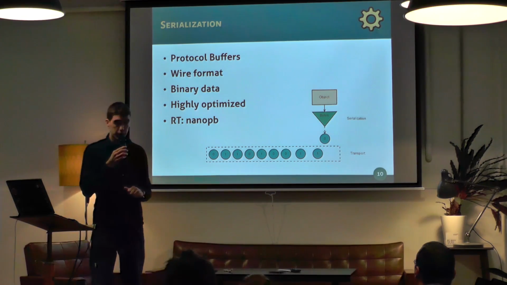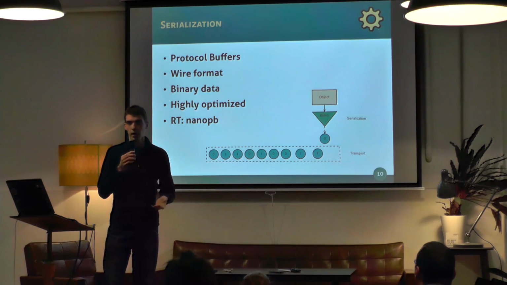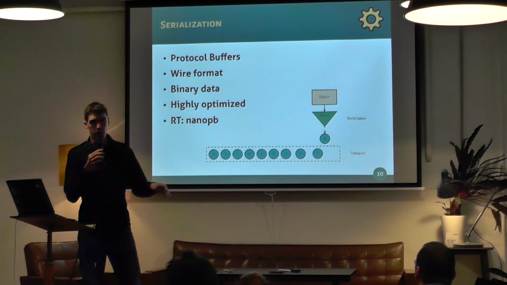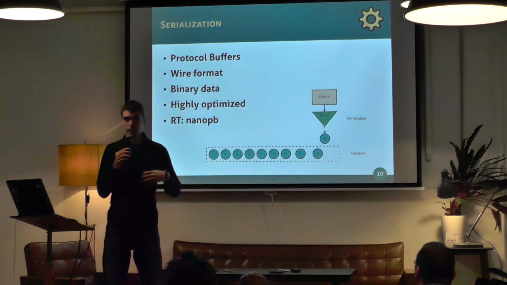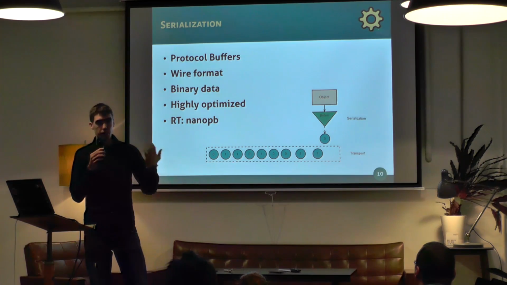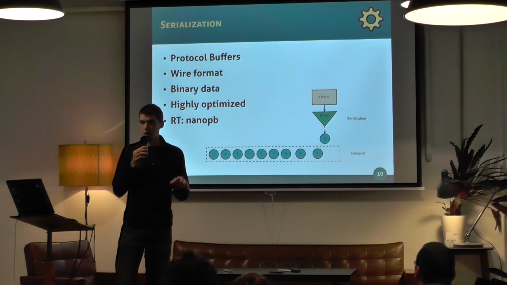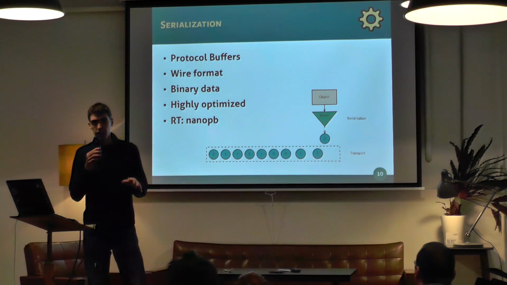Then there is serialization, which is the process of converting application objects into wire format for sending them over the network. We use Google Protocol Buffers, which creates binary data and is highly optimized for different applications.